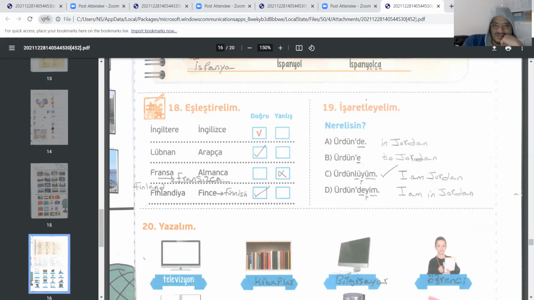Finlandiya, I think yes, the author took it about Finlandiya. Just we will put Ç to be something like Fince, yes, that's right.